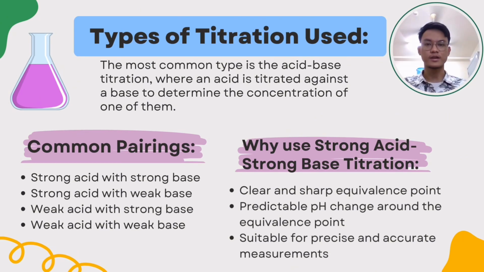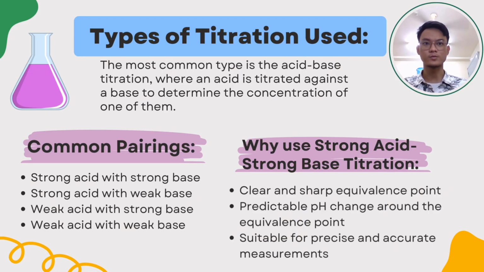The most common type of titration used is the acid-base titration, where an acid is titrated against a base to determine the concentration of one of them. The common pairings for titration are, first, strong acid with strong base, for example hydrochloric acid reacted with sodium hydroxide. Second, strong acid with weak base. Third, weak acid with strong base.